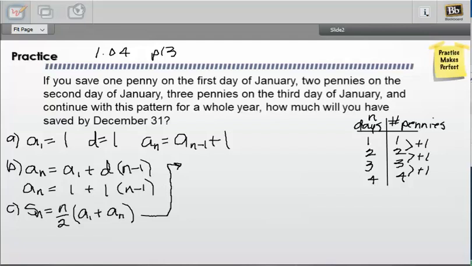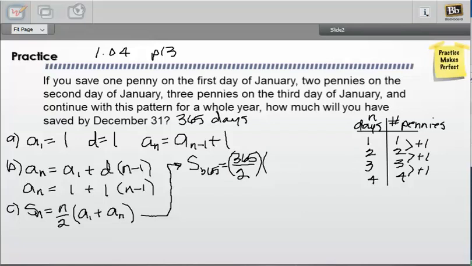So now they want to know how much money we're going to have saved by December 31st, and we're assuming it's a normal year, it's not a leap year, no extra day in February. So we're going to have 365 days. So everywhere we see an N, we're replacing it with 365. And remember, when you put this in your calculator, use those parentheses. I bet I'm going to run out of room writing this.